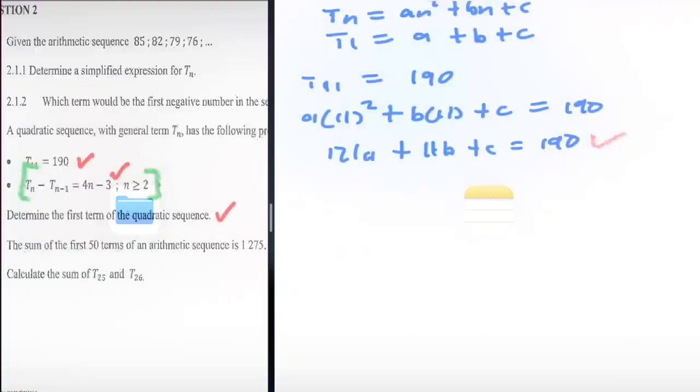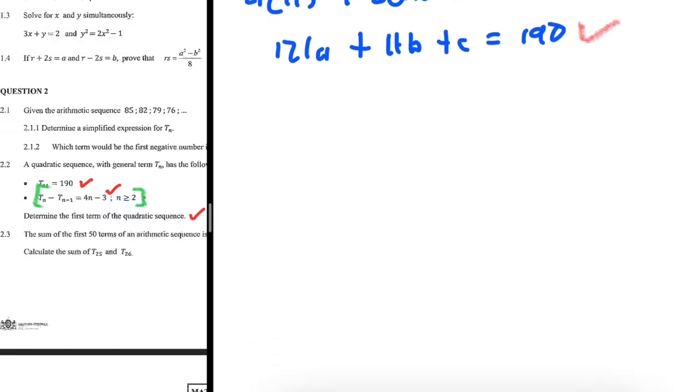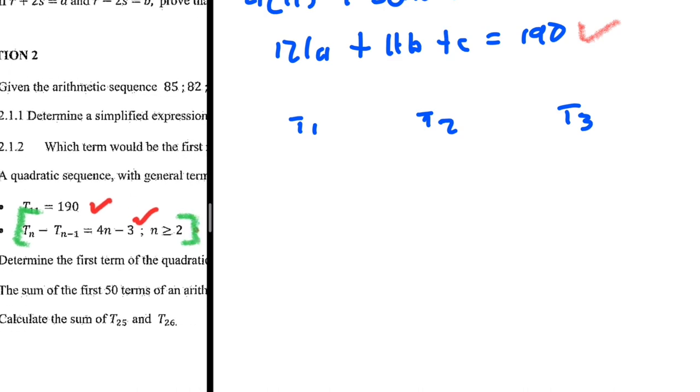In some quadratic sequence, we're going to have T1, T2, and T3, of which we can find the differences and have an arithmetic sequence, because the difference of a quadratic gives you arithmetic. So let's go ahead and do this and see what we have.